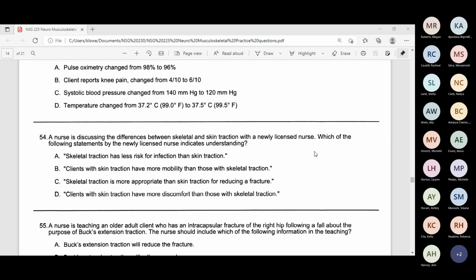B. They actually had C. So skeletal traction allows for reduction and alignment of the fracture. The skin traction decreases muscle spasms commonly associated with a fracture, but it's not going to completely reduce the fracture. So the skeletal traction actually holds the bones in place better than skin traction.